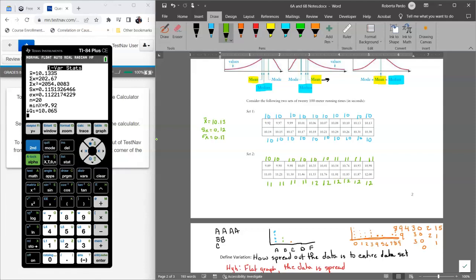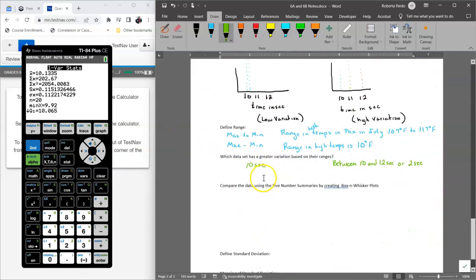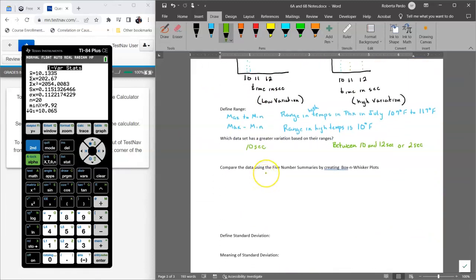And then I'm going to go ahead and write the minimum and the quartiles down here because I need those for our 5-number summary. So we have a minimum of 9.92. The first quartile is 10.07. The median, so I got to arrow down to get the rest of the information.